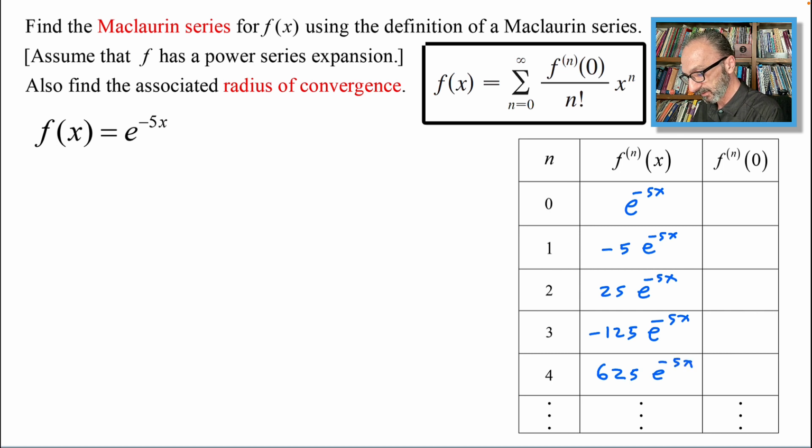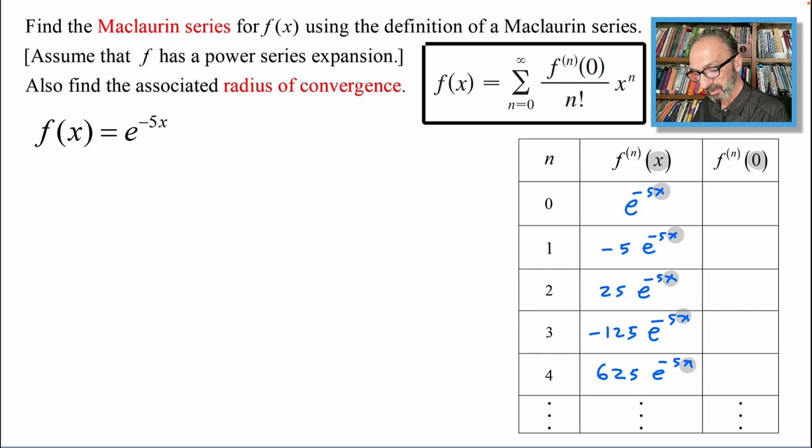Now notice that the third column is the derivatives when x equals 0. So when x equals 0, we're going to plug in 0 in every single one here and fill the table on the right side.